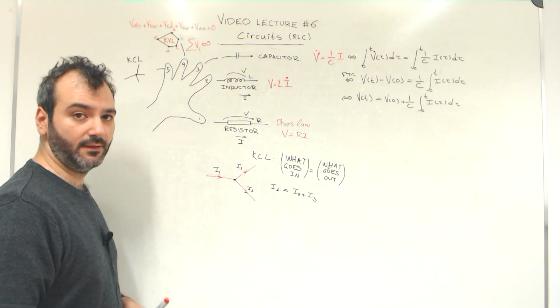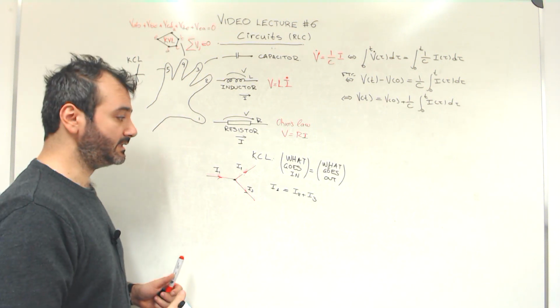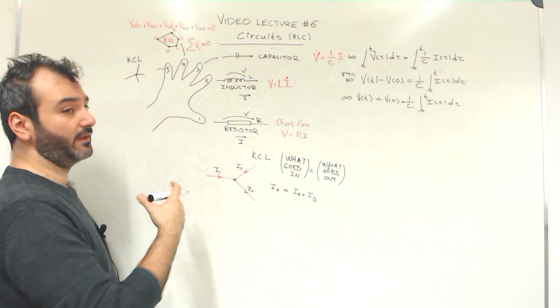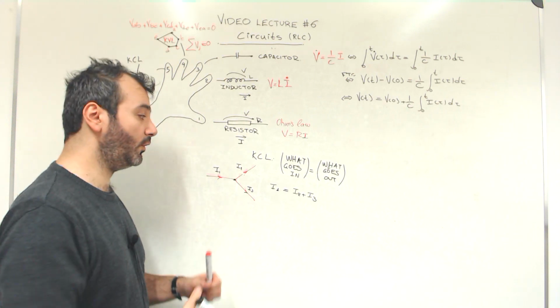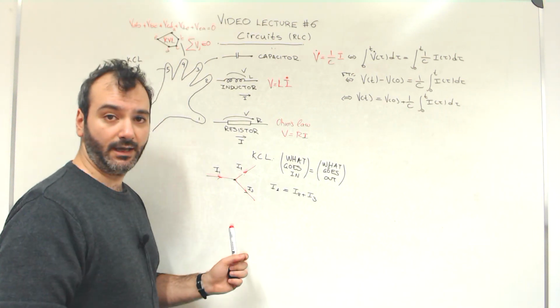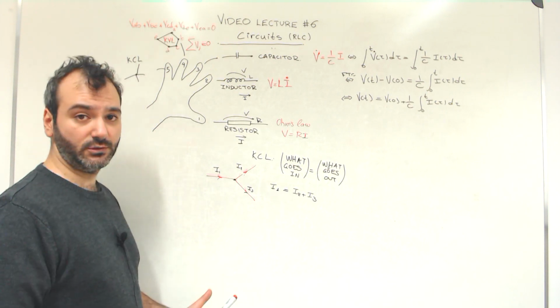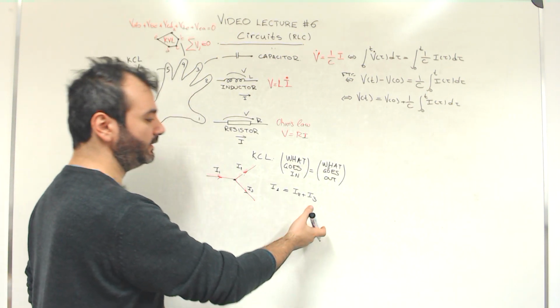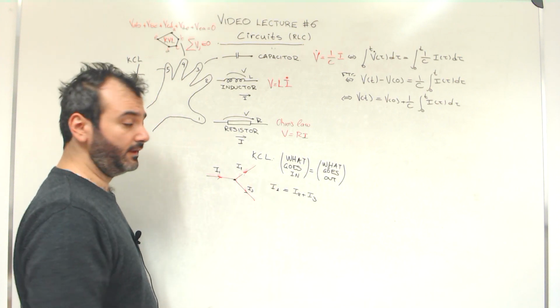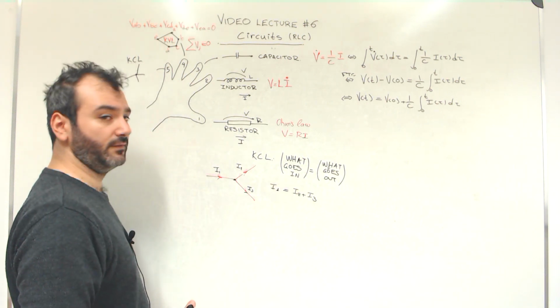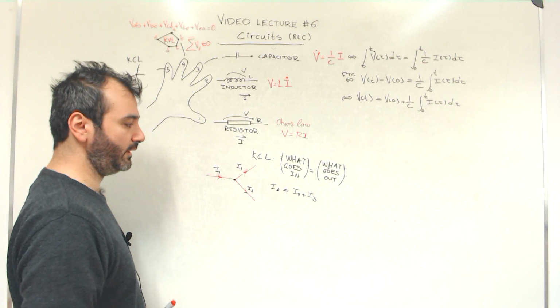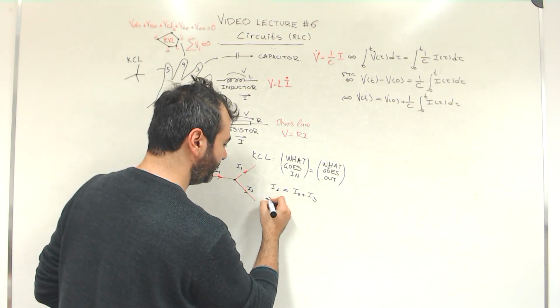Simple as that. The statement usually is phrased as the algebraic sum of all currents at the meeting point of multiple conductors in a network is equal to 0. This would mean simply that we bring all terms to the left hand side of the equation.